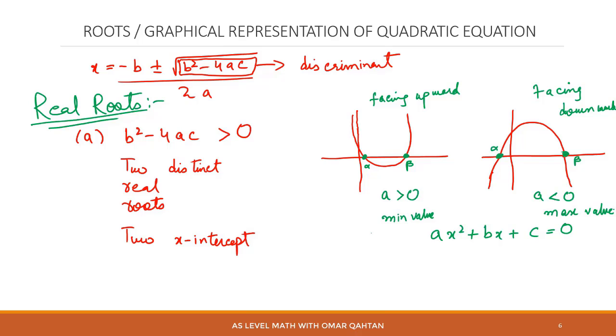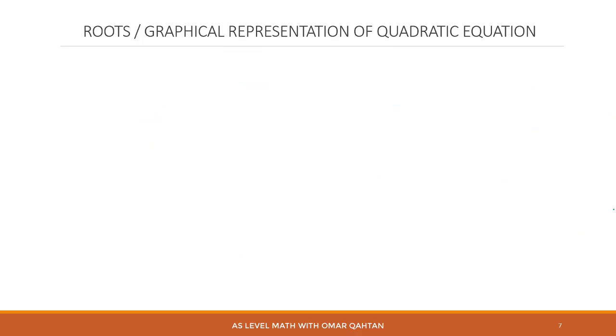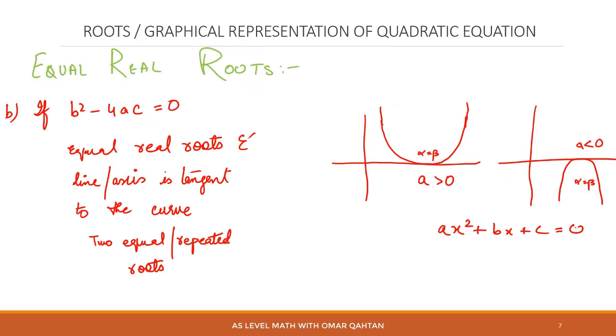Now move on to the next category of roots, which is equal real roots. If our discriminant, that is b square minus 4ac, is equal to 0, then we have equal real roots, and the x-axis is tangent to the curve.